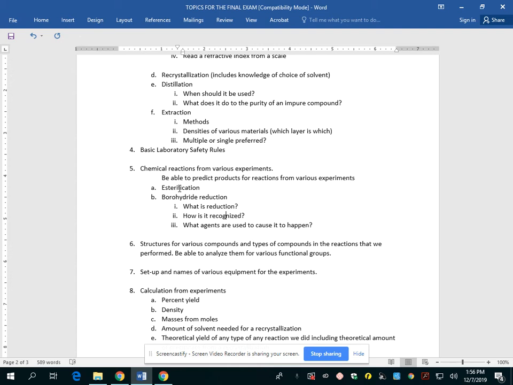Structures for various compounds and types of compounds from the reactions that we did, so you can recognize functional groups in those molecules. There'll be a couple pictures of some equipment, like the proper place to put a thermometer in a distillation. You'll see pictures at different positions. Pick the correct one.